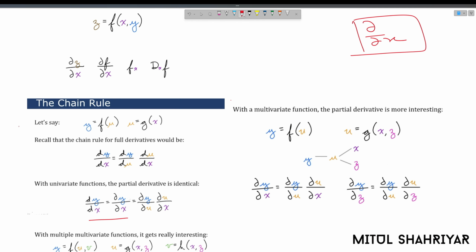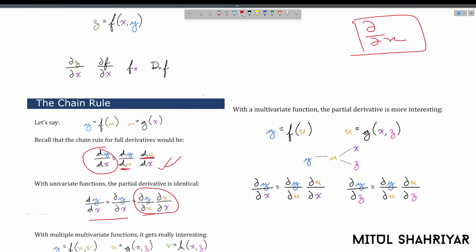So see the chain rule, for example, dy by dx, which we had earlier, we can use some d u and multiply, keeping it on both sides, dy by du and du by dx, as we did earlier. But for partial derivatives, what we can do is write it like this, in the same format.